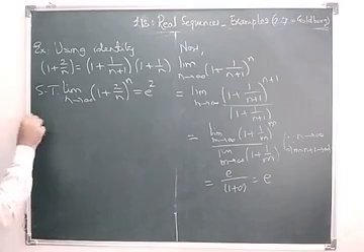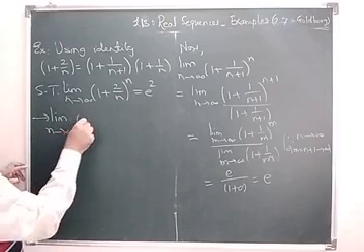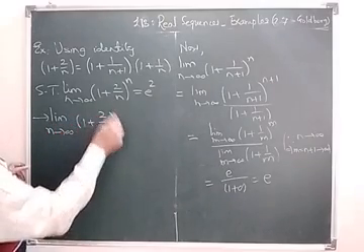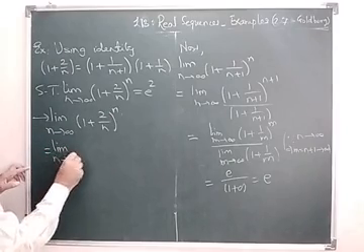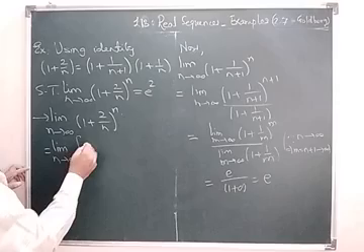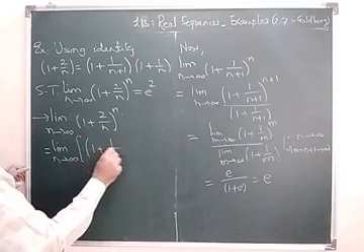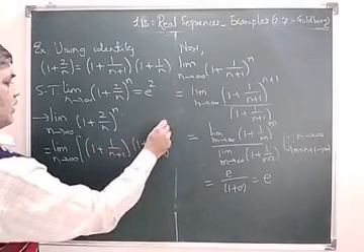Okay. So limit n tends to infinity of 1 plus 2 by n bracket raised to n, but this is same as limit n tends to infinity of 1 plus 2 by n, which is nothing but this 1 plus 1 upon n plus 1 into 1 plus 1 upon n, raised to n.